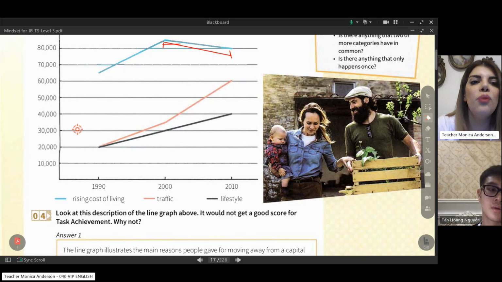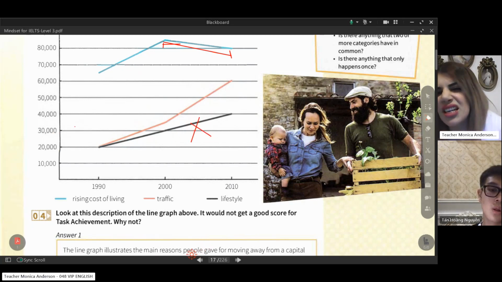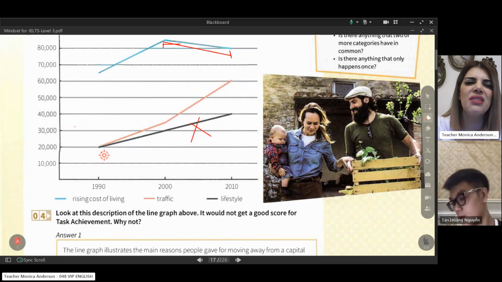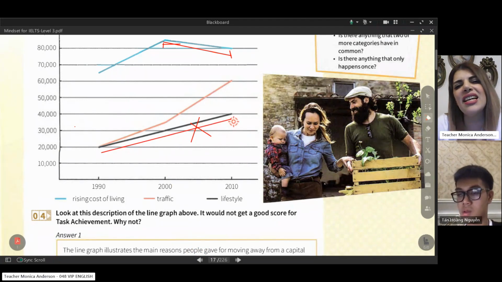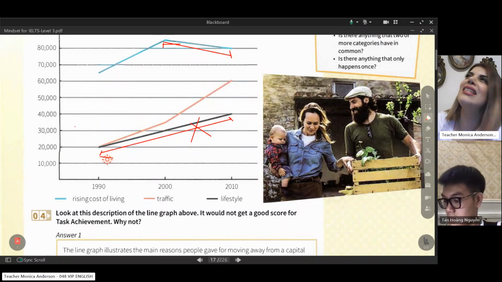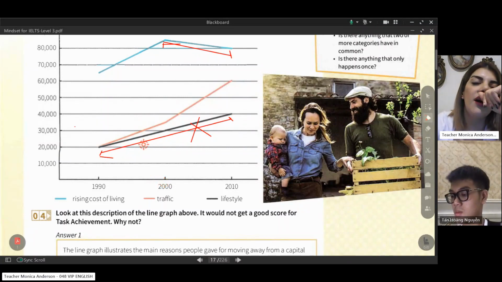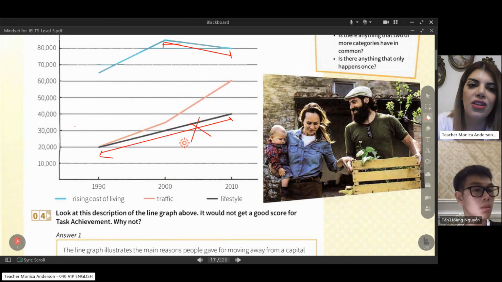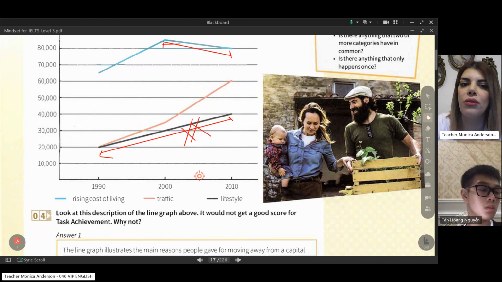So we have two important points here, as I can see. This one is not really important. I'm not going to discuss it now. As you can see, I have a steady change, so I can see that there is no big change in this. So I'm not going to talk about it in my overview. I have two.